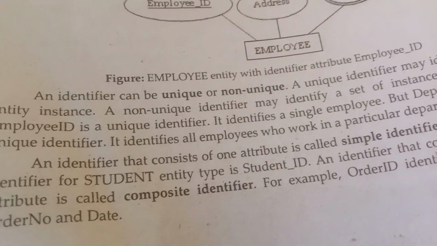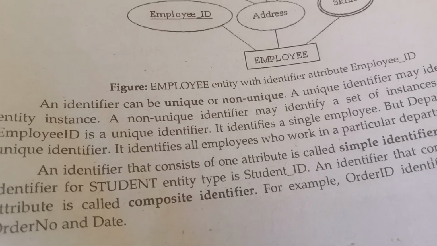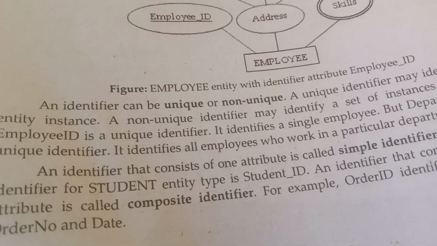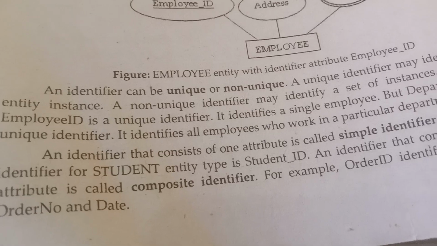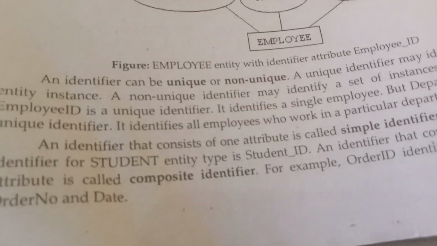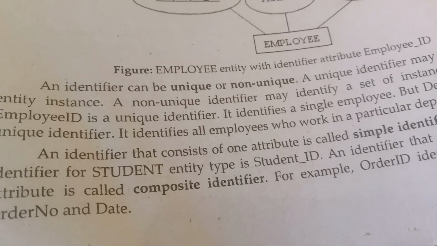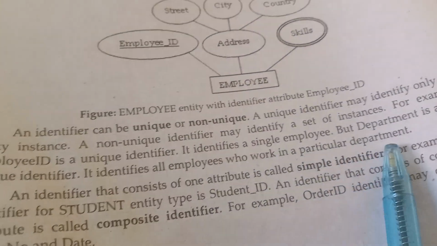For example, employee ID is a unique identifier. It identifies a single employee, but department is a non-unique identifier. It identifies all employees who work in a particular department.